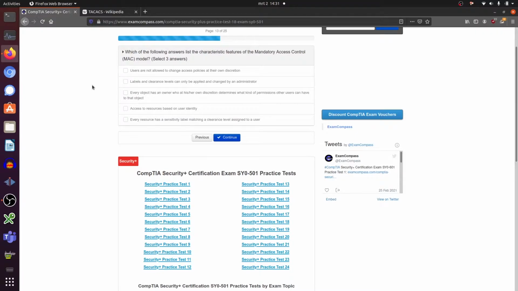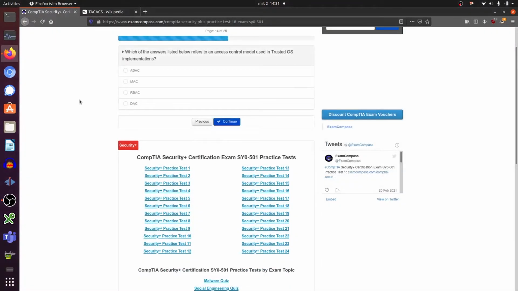Users are not allowed to change access policies at their own discretion. Yes, definitely not. Only administrators are. Labels and clearance levels can only be applied and changed by administrators. That's basically what I just said. And every resource has a sensitivity level matching a clearance level assigned to a user.